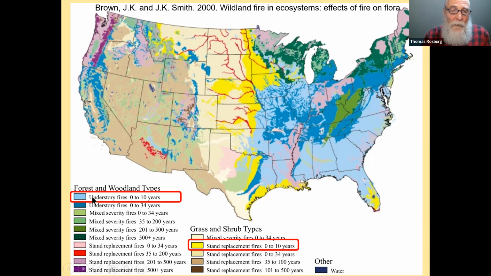On the other hand, the southern half of Iowa is in this blue color, which is understory fires under the same interval. And understory, of course, means these are fires that are non-lethal to the dominant vegetation, and this is going to be, of course, trees. So understory fires are surface fires that burn through savannas and woodlands and forests.